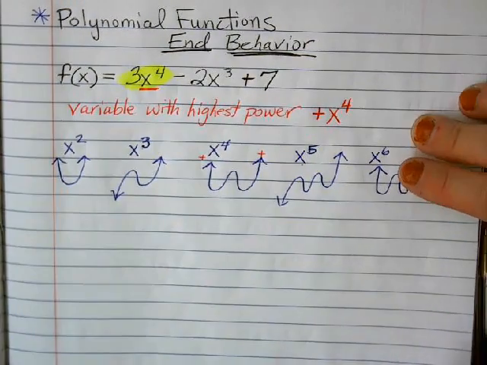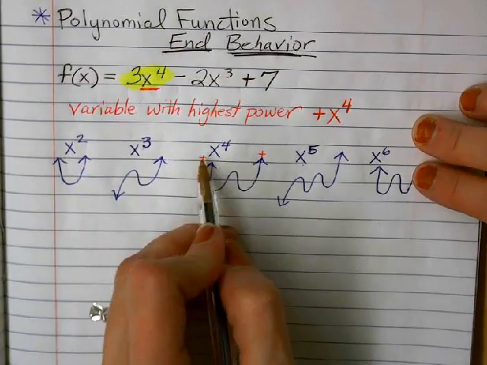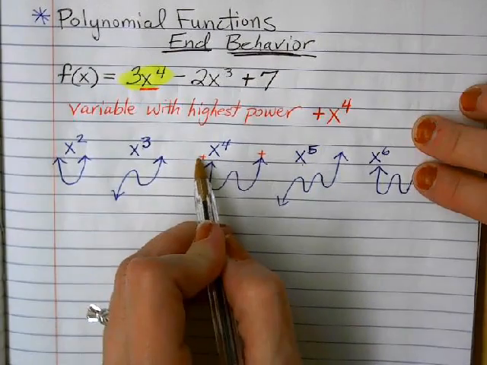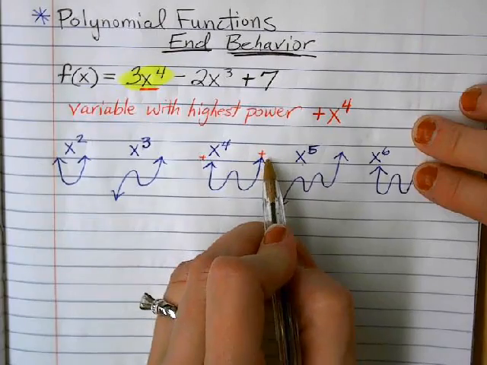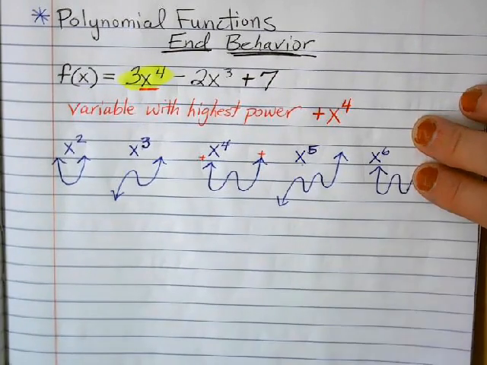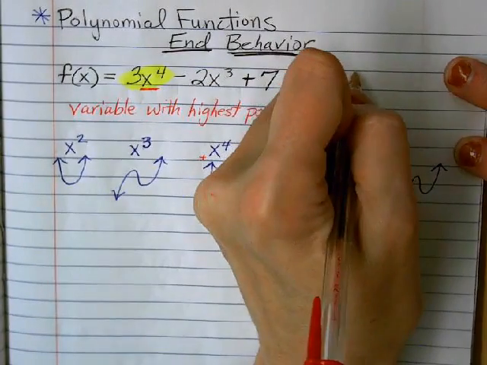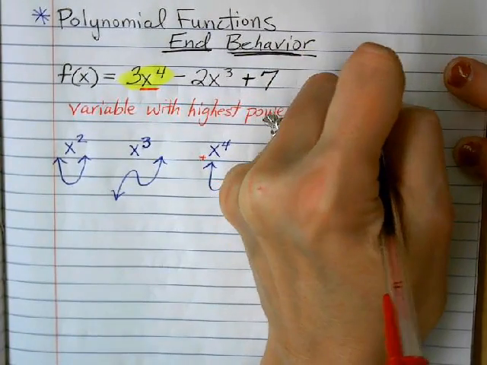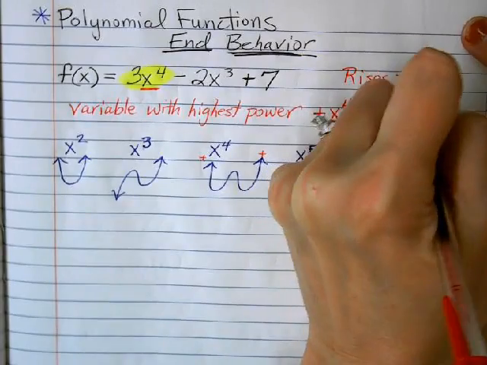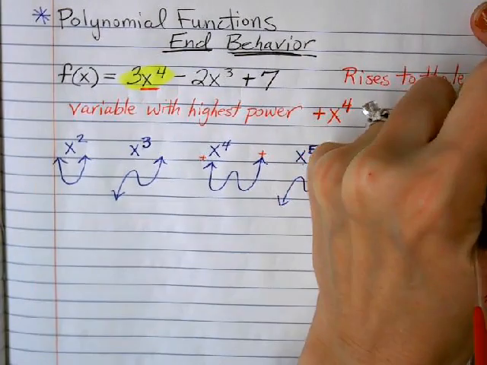So what they would say on the assignment is the graph is rising on the left side and rising on the right side. It rises, it's pointing up on each end. That's all they say for end behavior. They say it rises to the left and rises to the right.